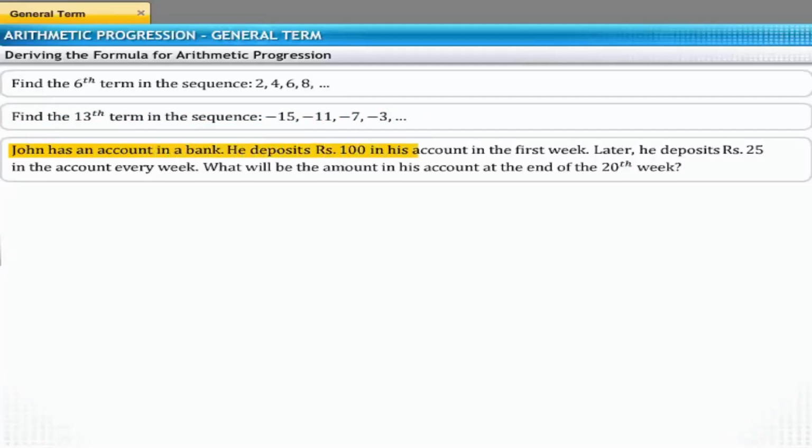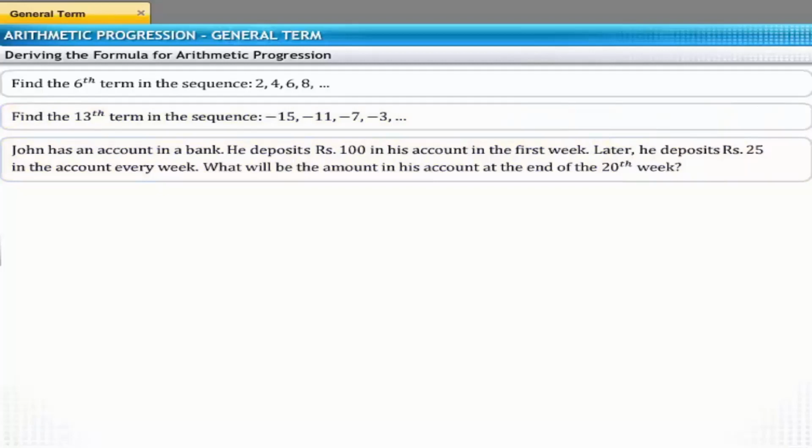He deposits 100 rupees in the first week. Later, he deposits 25 rupees in the account every week. What will be the amount in his account at the end of the 20th week? It is easy to find the sixth term in the sequence in problem 1. However, problems 2 and 3 typically may take you a while to work out.